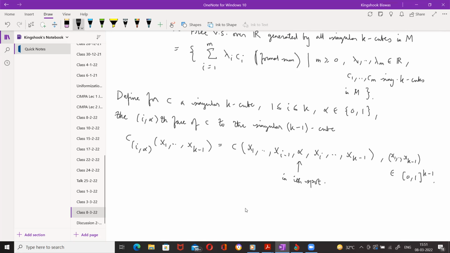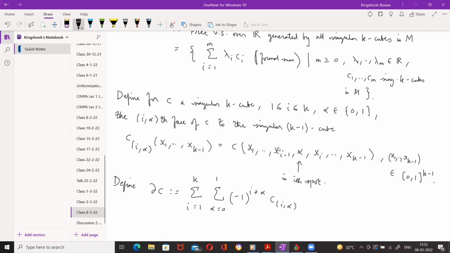So then we define the boundary of C to be the singular k minus 1 chain, which is the sum, i goes from 1 to k, alpha goes from 0 to 1, of (-1)^{i+alpha} C_{i,alpha}.